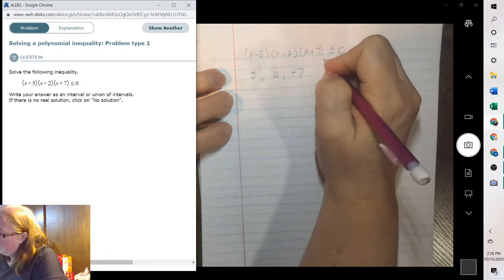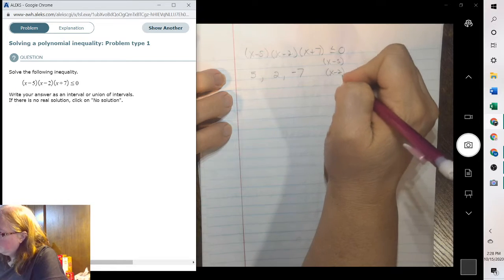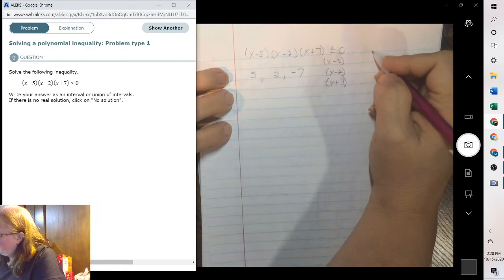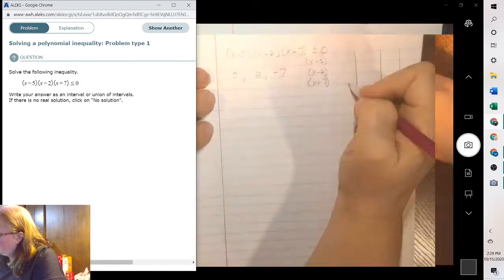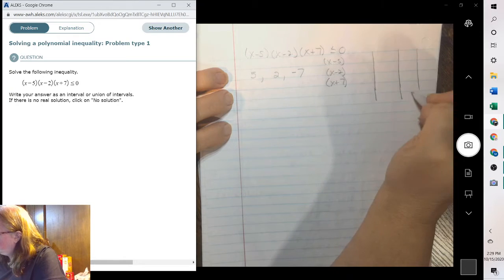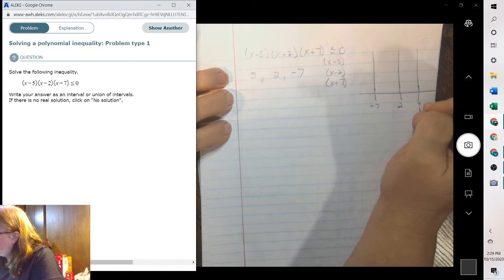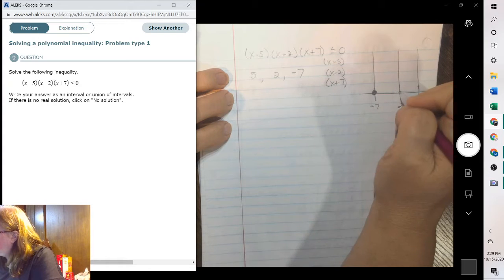So we have x minus 5, x minus 2, and x plus 7. And our values are negative 7, 2, and 5. It has the equal to, so we are including them.